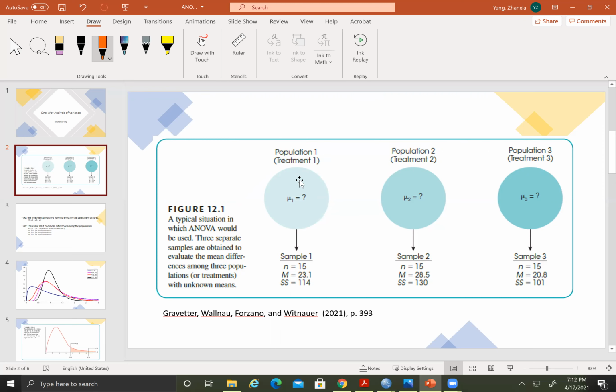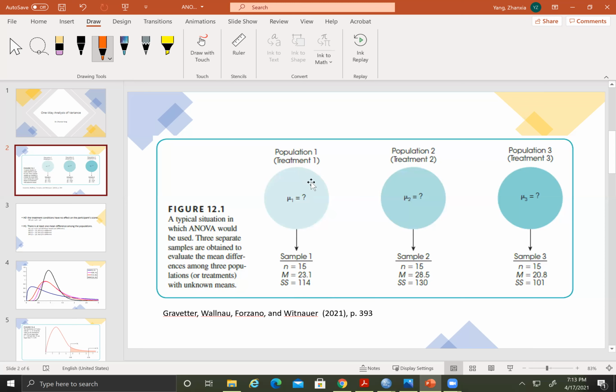You can think of treatment 1 as something a lot of people could potentially receive. In this specific sample, we have 15 participants, but the population would be all the potential participants who are like these 15 who participated.